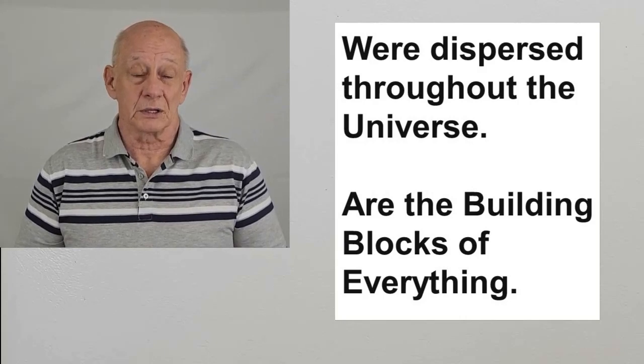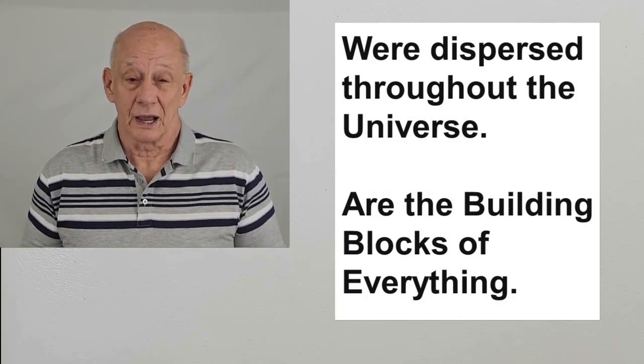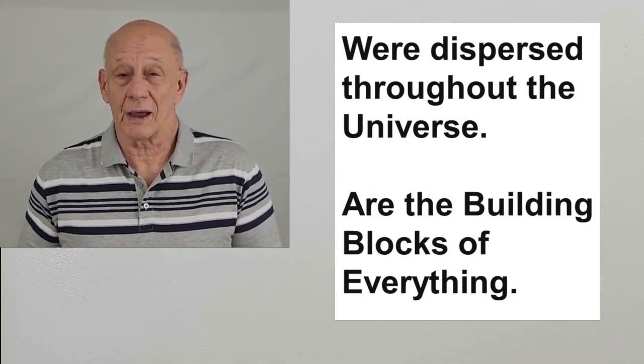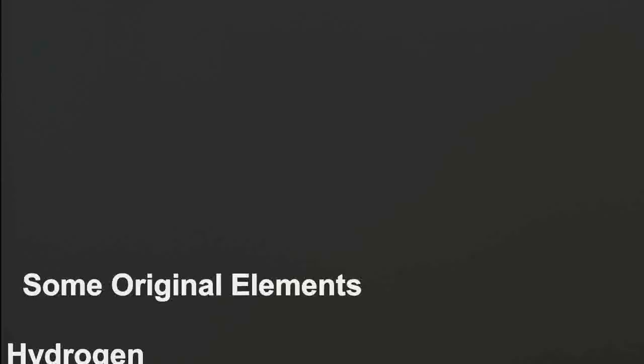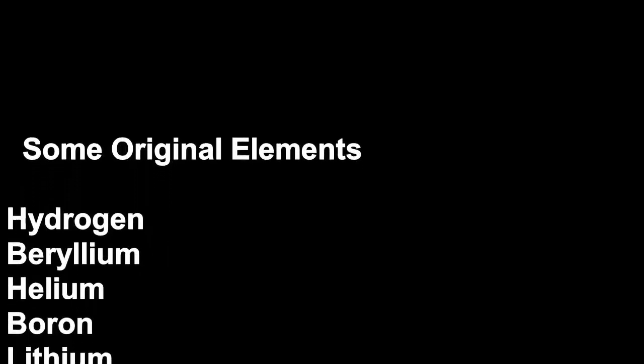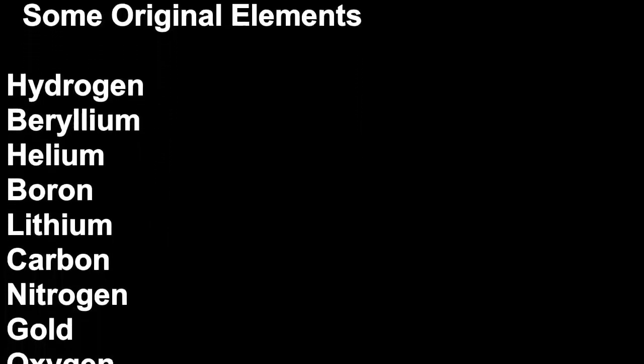The elements make up our planet and is where all life comes from. Every tree, flower, person, fish, insect is made entirely of the original elements. And you've heard of a lot of these elements.